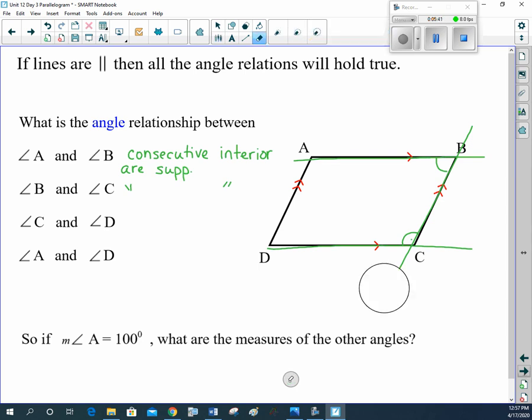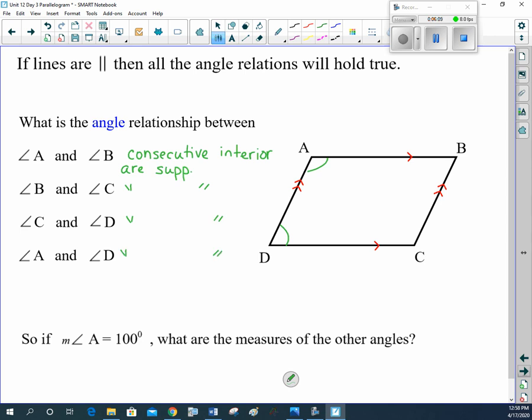Okay, what about C and D? Same thing. Those are consecutive interior. And the last one is A and D. So here's A, here's D, consecutive interior. They're all consecutive interior angles.